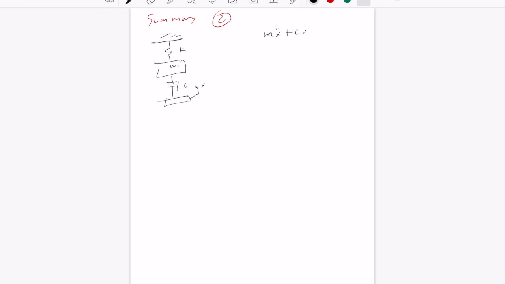Mx double dot plus Cx dot plus Kx is equal to Cy dot. Okay. Our intermediate equations just switched a little bit. Cosine phi plus b sine phi is equal to 0, and then c minus a sine phi minus b cosine phi is equal to negative c omega y.